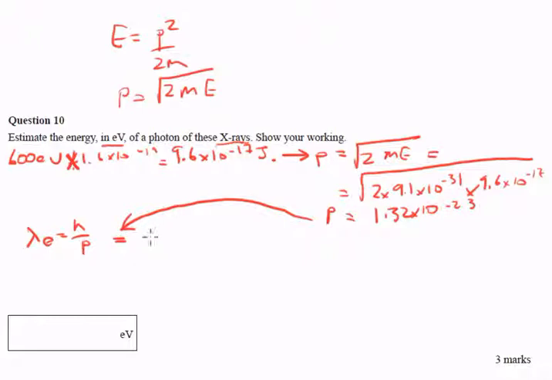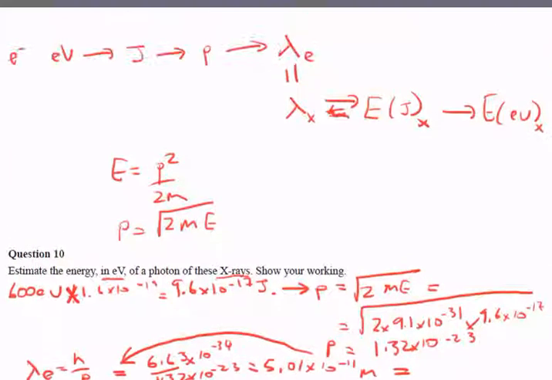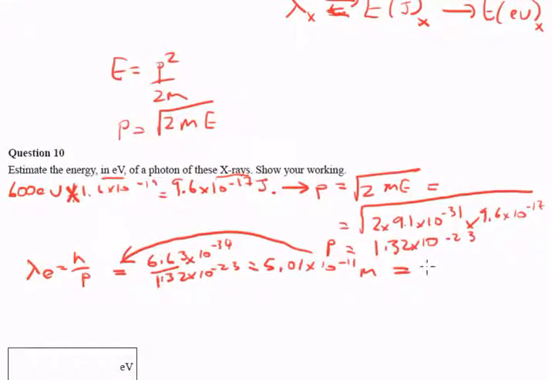It equals 6.63 by 10 to the minus 34 divided by my P, 1.32 by 10 to the minus 23. A lot of working. That's 5.01 by 10 to the minus 11 meters, and that is the wavelength of the electron, which equals the wavelength of the X-ray.